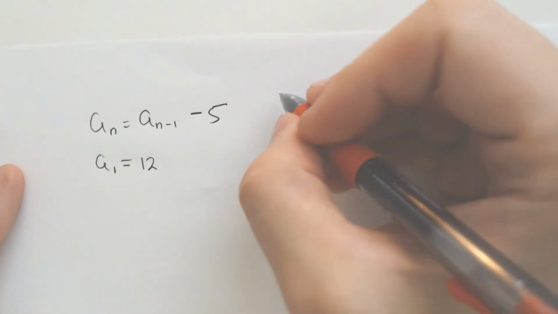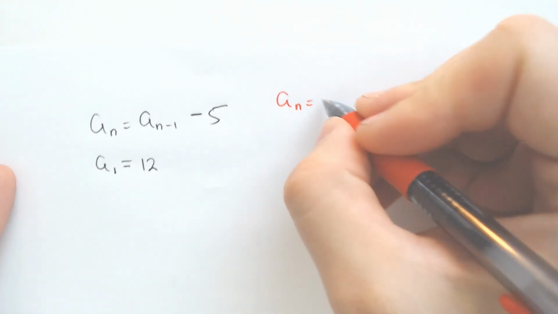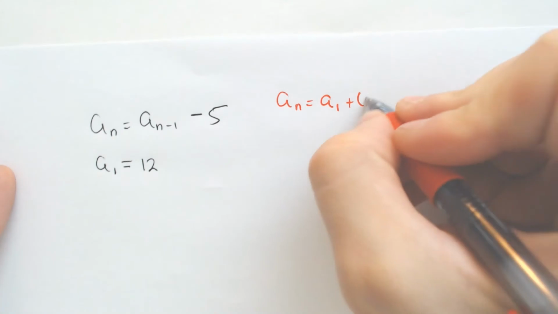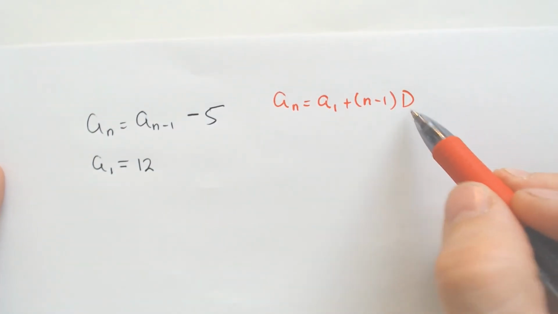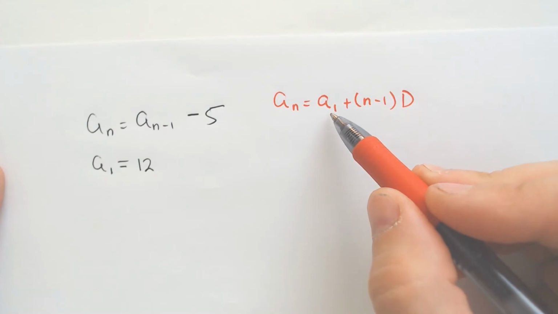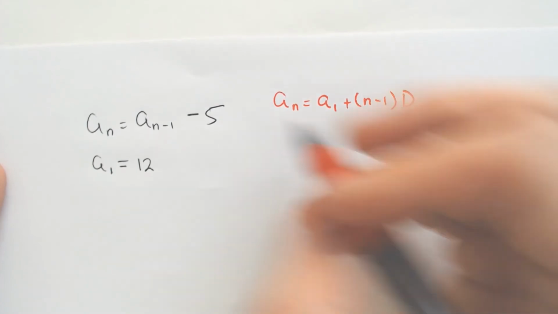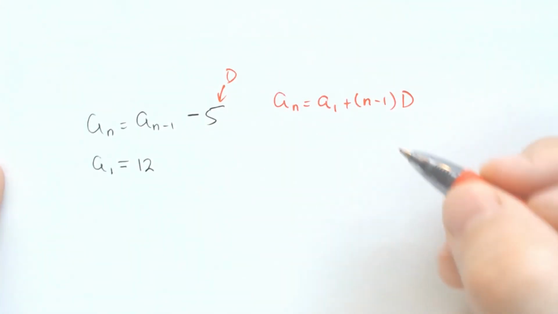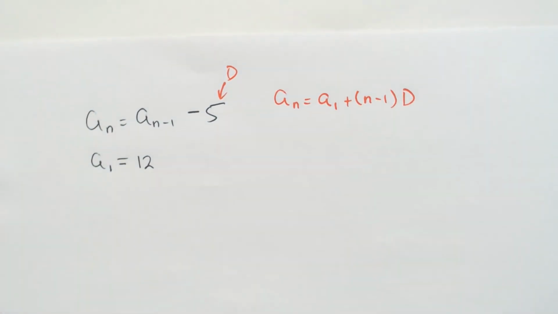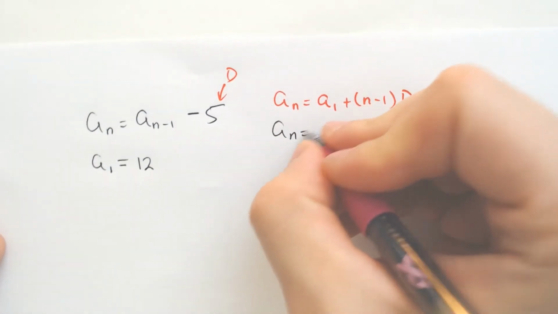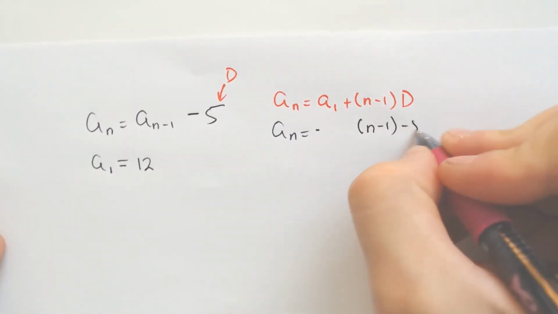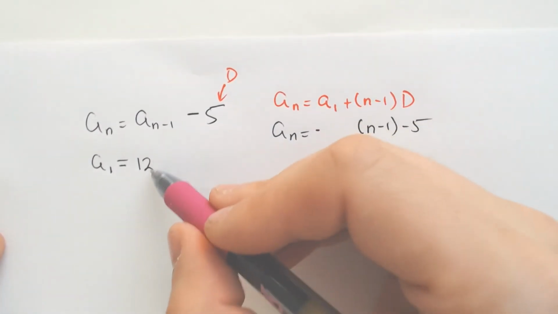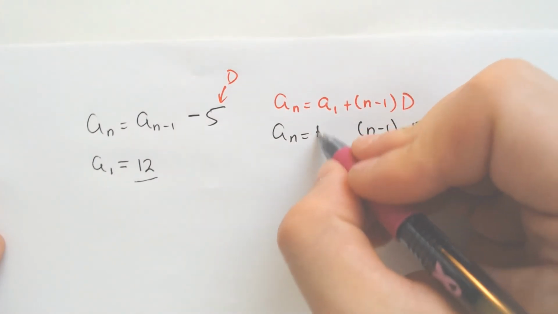Okay? So in order to write the explicit formula, a_n equals a_1 plus n minus 1 times the difference. We need our difference. We need our a_1. And that is it. What is the difference? Negative 5. Great. Let's plug that in. What is the a sub 1? That's even easier. It's 12.